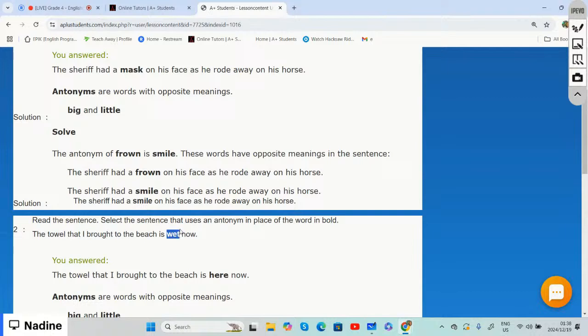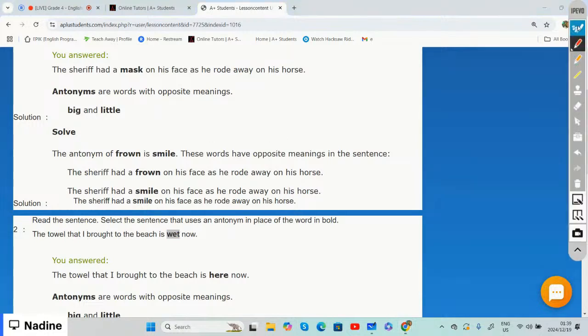The opposite of wet. And the opposite of wet is dry. Well done.